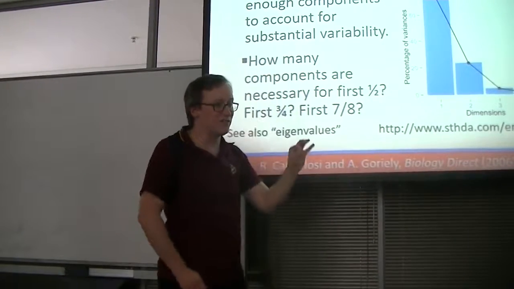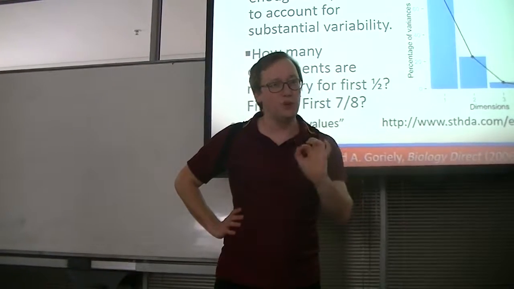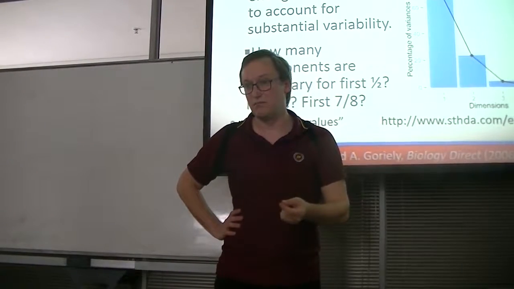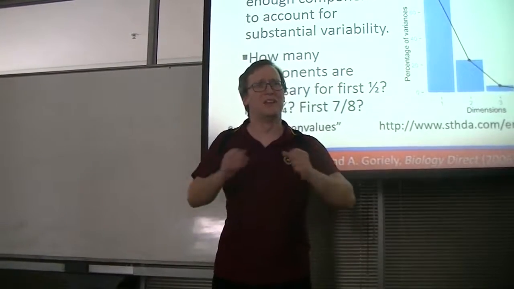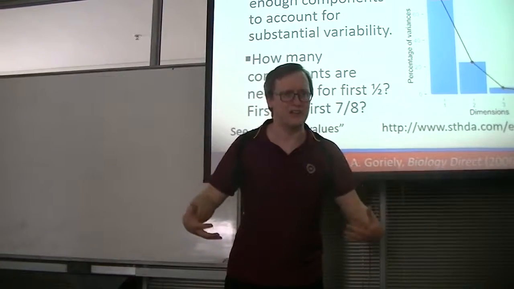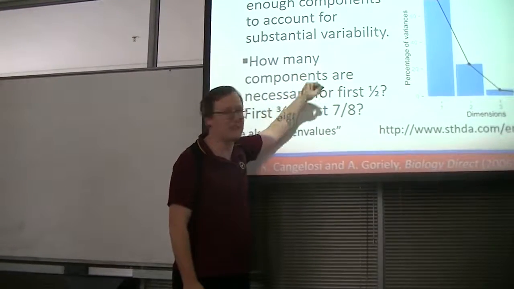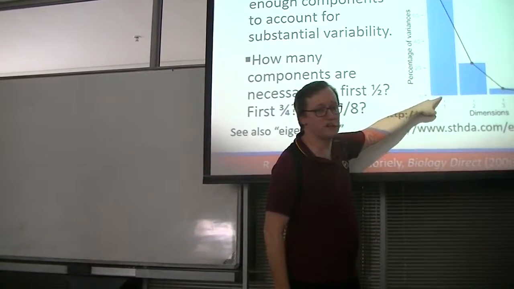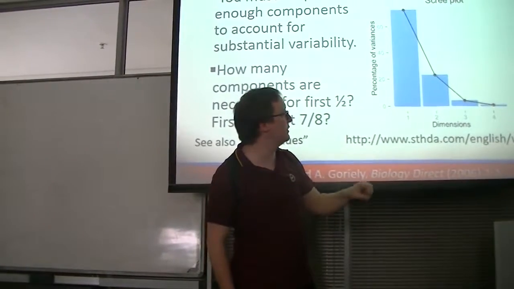All right, however, the whole point of this was dimensionality reduction. We wanted to have fewer components to explain our data than we fed it. If we gave it 12 dimensions, we would like to see 2 or 3, probably, that help us disentangle all of our data. So a scree plot is very good for understanding that. In the example here, the very first component accounts for upwards of 60% of the variability.